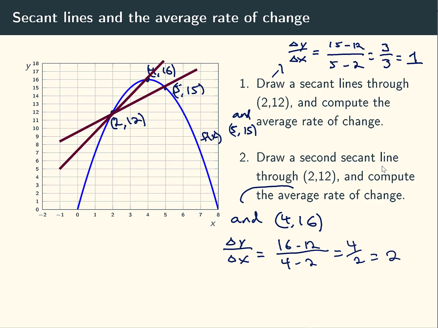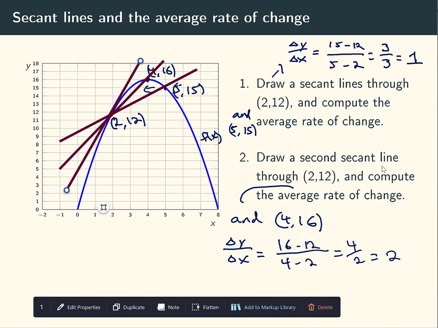And when I drew the second secant intersecting further to the left of the function, as we're rotating the secant lines to become steeper, these secants are starting to look an awful lot like the tangent line that we drew in the previous video.